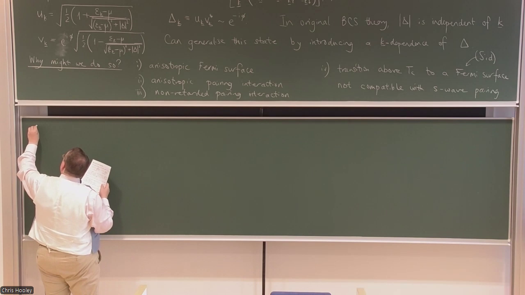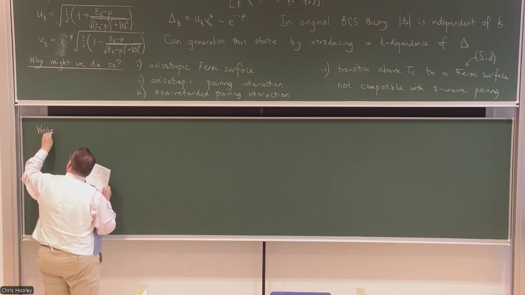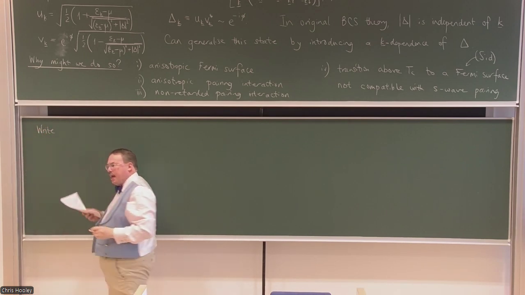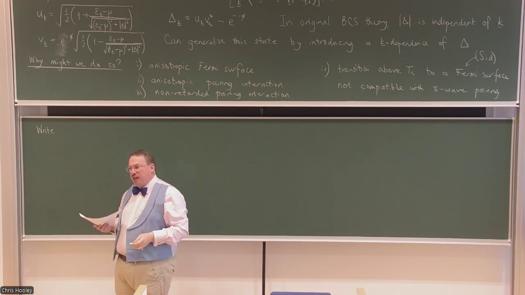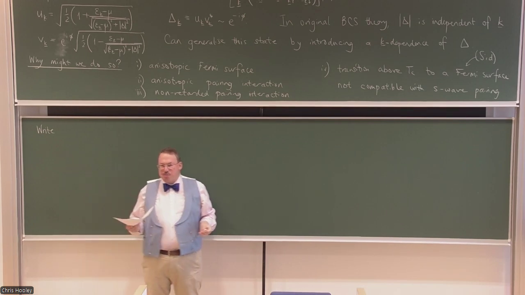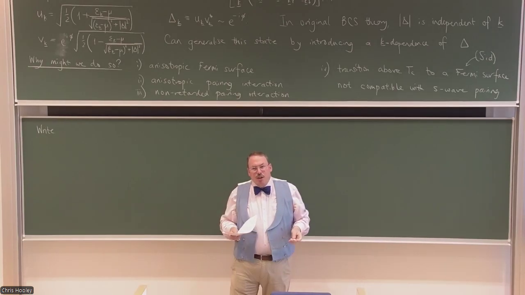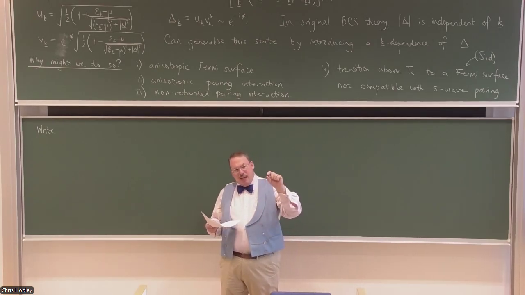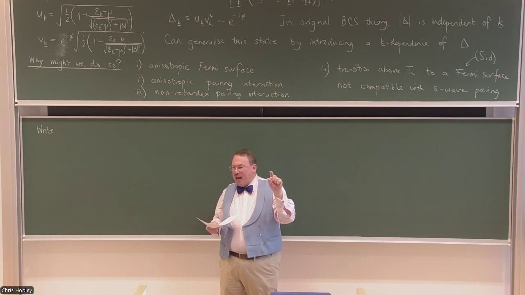So, if we have a weak coupling superconductor, then delta is very small, as we've already calculated. So any change of delta in the direction perpendicular to the Fermi surface is probably ignorable, right? Even if the pairing is changing as you move in that radial direction, you lose the superconductivity so quickly as you move away from the Fermi surface that it's not really worth thinking about.